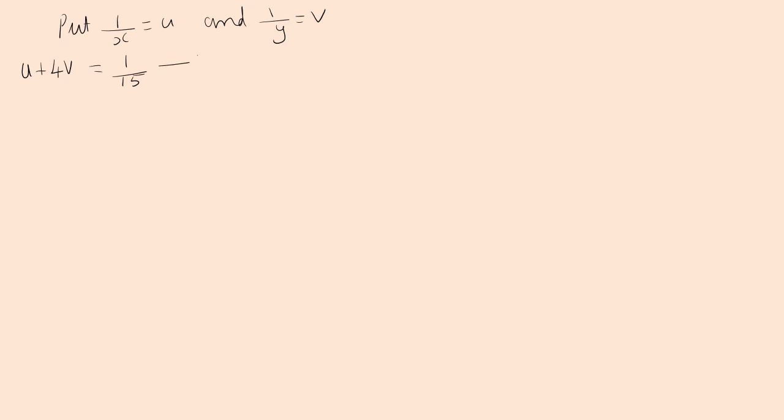Number the equation as equation number 3, and 4u plus 8v equal to 1 upon 6. Number the equation as 4. Now you are having two equations in the variables u and v. So you can use any algebraic method to find the values of u and v. I am going to use the elimination method.